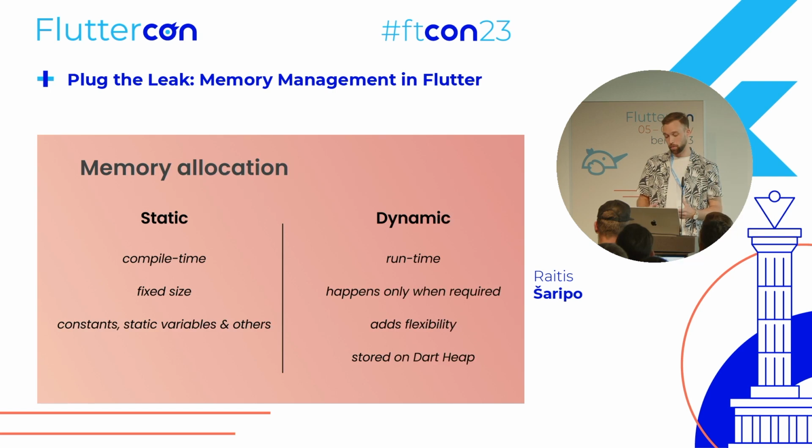Dynamic allocation, however, happens during the runtime, and it adds flexibility in terms of memory allocation and size, because objects are allocated only when it's required by the application, not earlier than that. Objects that are allocated dynamically are stored in a memory space called the Dart heap.